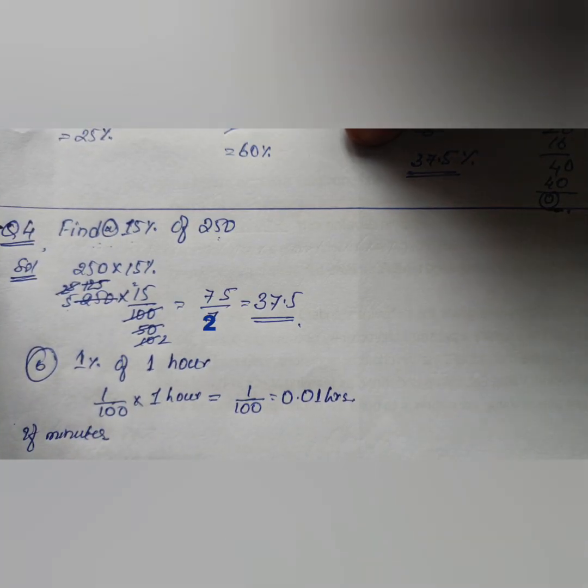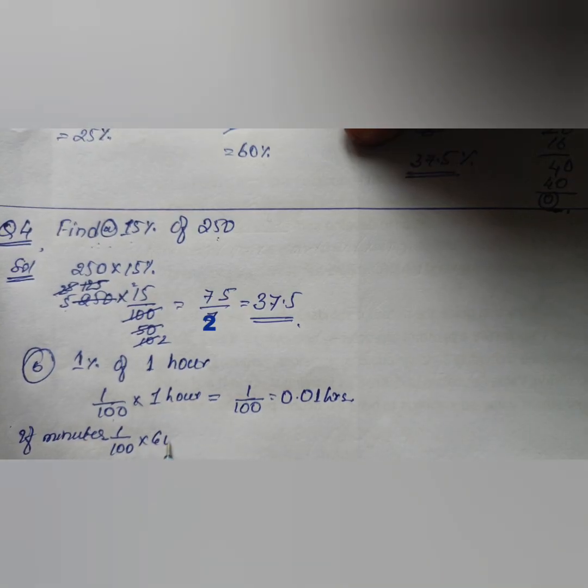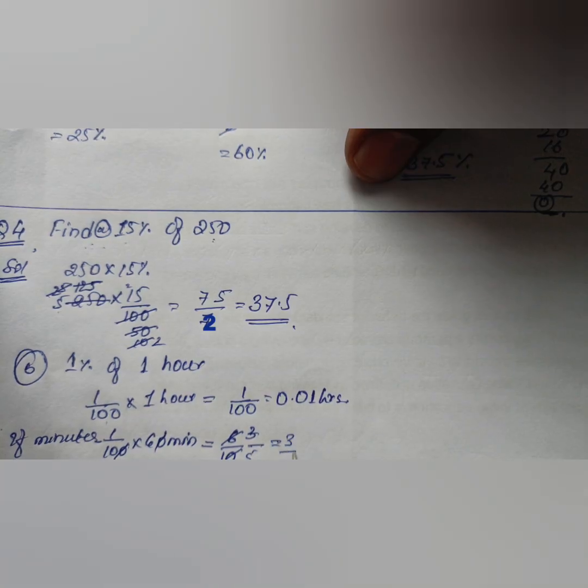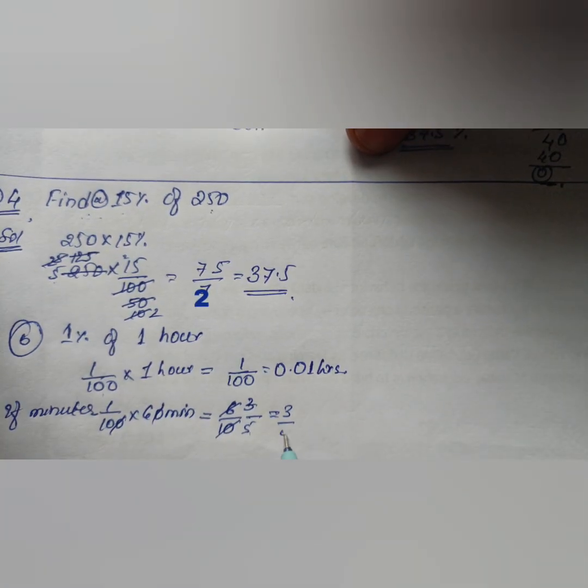Or in minutes, if you have to calculate 1 divided by 100 into 60 minutes, the zeros get cancelled, 6 divided by 10. 2 3s are 6, 2 5s are 10. So the answer is 3 by 5 minutes.